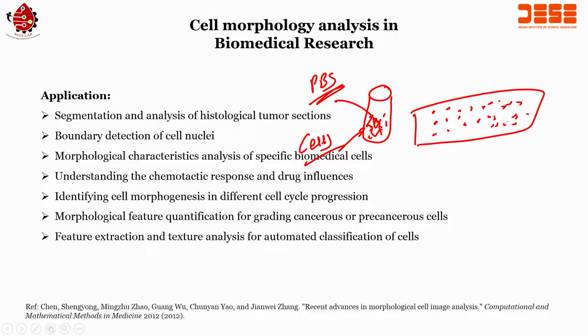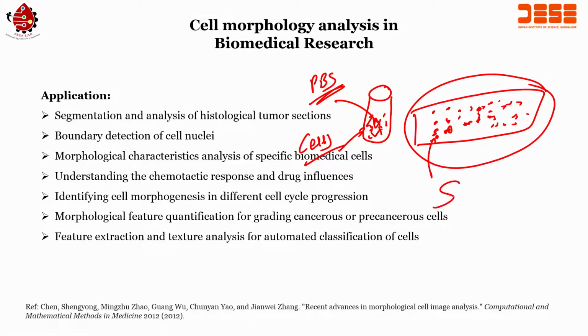The disadvantage of this particular technique is that there is double nucleation. The cells will be clumped. So, it is very difficult to identify the boundary of each cell and they will not be uniformly distributed.